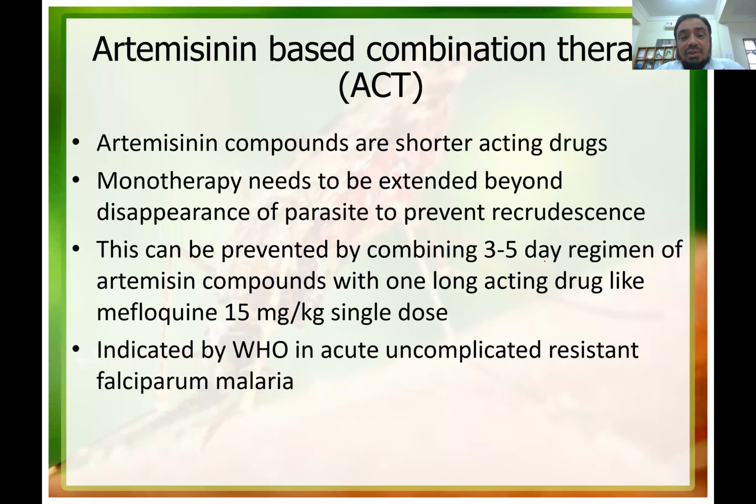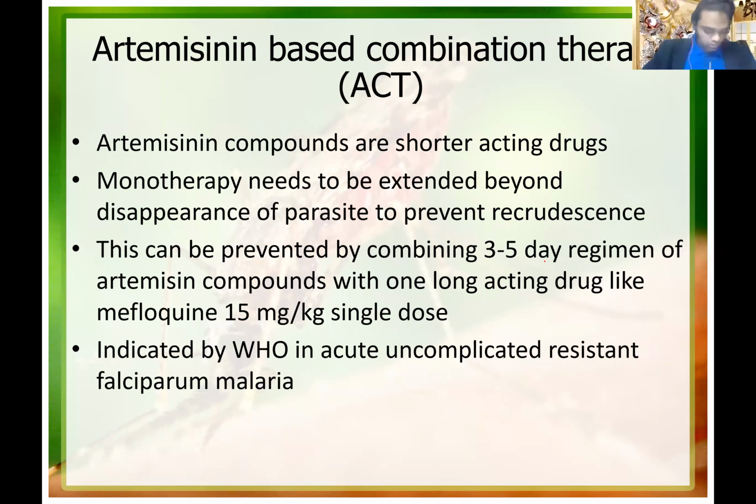Sometimes in your exam, you are asked a question or a short note on artemisinin based combination therapy. Okay. So what is artemisinin based combination therapy? It means you are using an artemisinin compound like artesunate, artemether, or arteether, and you are combining it with some other drug, right?